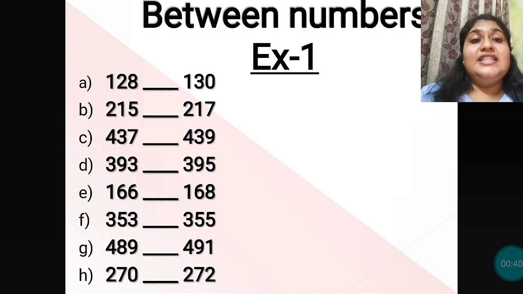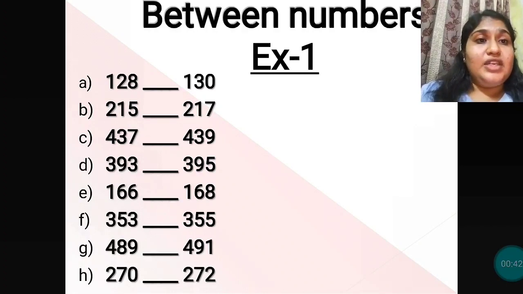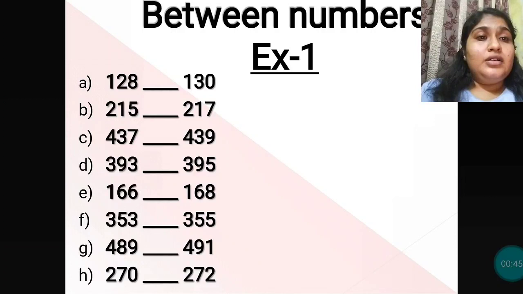So students, in this blank we have to write down the between numbers. So let's see.